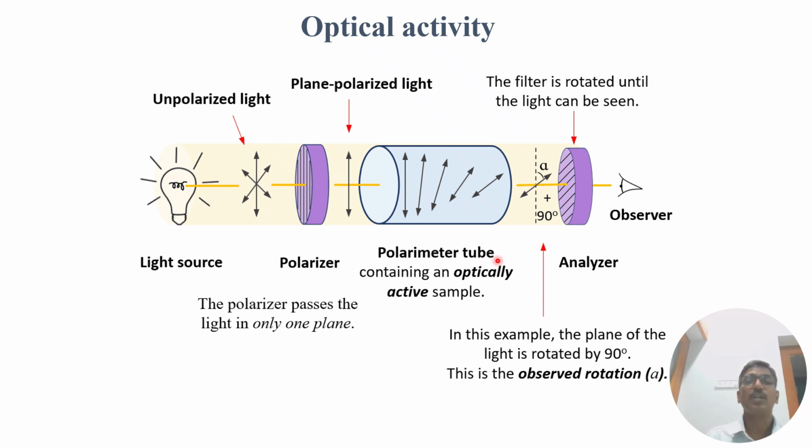This entire setup is called a polarimeter, and it can give us the exact detail about the mixture that is present. Of course, we will come to know whether it is negative or positive, that means small d or small l. Small d is the clockwise direction, dextrorotation, and the other one is levorotation, which has a negative sign.